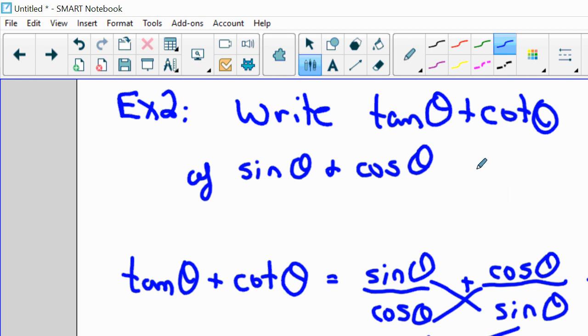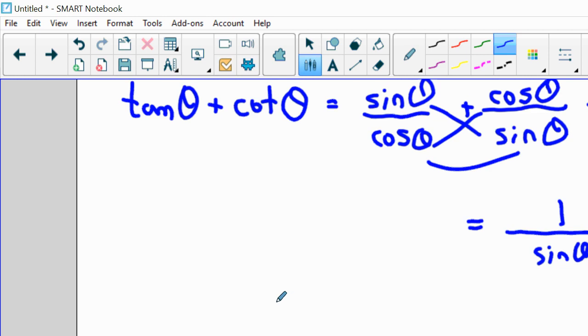Now, sine squared plus cosine squared is 1 by memorization, over sine theta cosine theta. And I even have a better expression than I had before. It's simpler. Now, just so you know, I could keep going. I'm not supposed to, but I'm the teacher. I can do what I want.